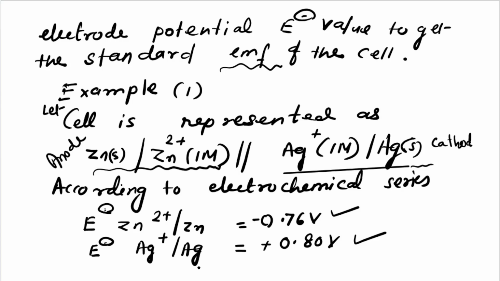Now you can see, if you compare both, the higher value is the silver electrode and the lower value is the zinc electrode. Then cathode should be silver and zinc should be anode, because here zinc has the lower value.